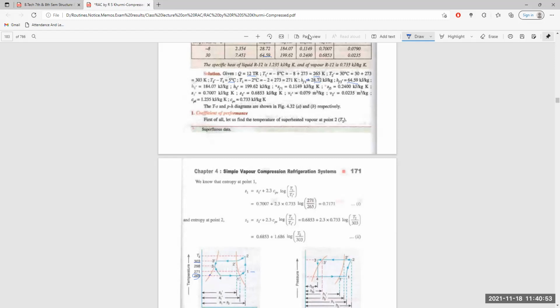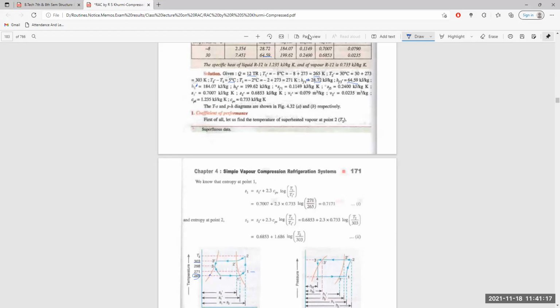H1 dash is the enthalpy at the superheated region, that is, at the point of entrance, which is 187.07.